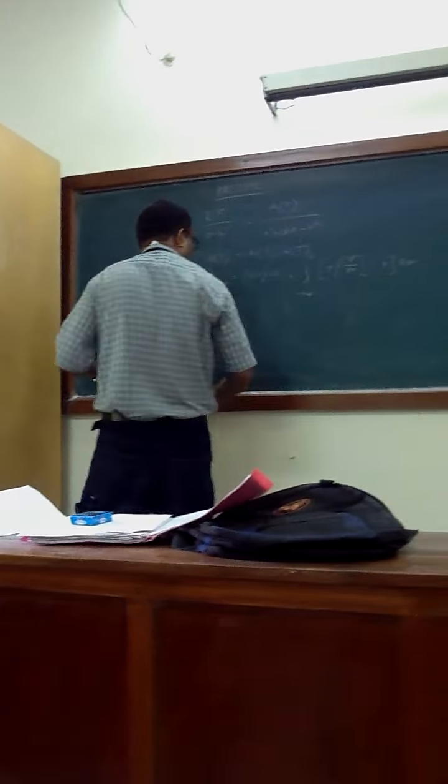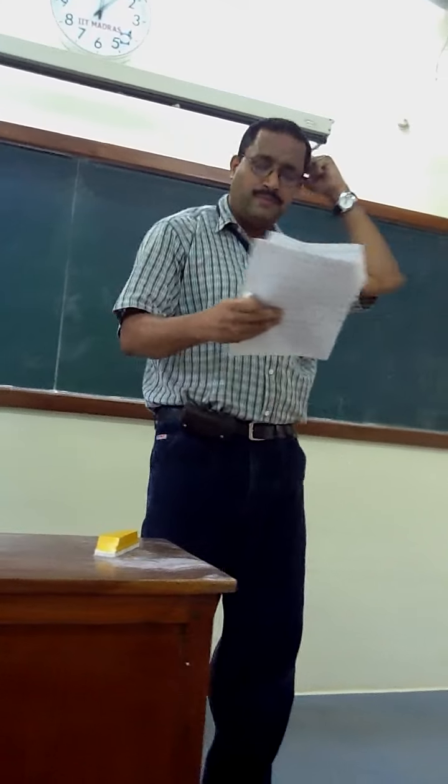So dou P by dou T at fixed V for this case is R by V minus B minus dou A by dou T divided by V square plus 2BV minus B square. Why? Because dou B by dou T at fixed V is zero; that's why B is actually kept constant.